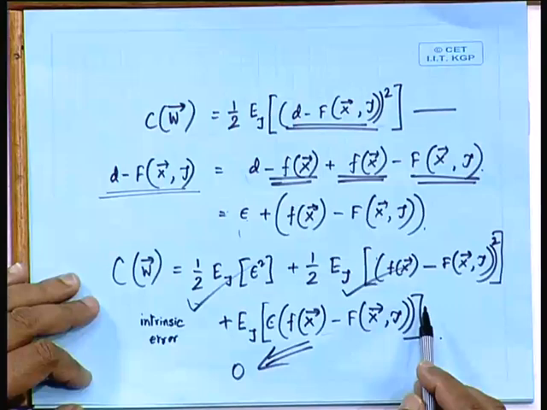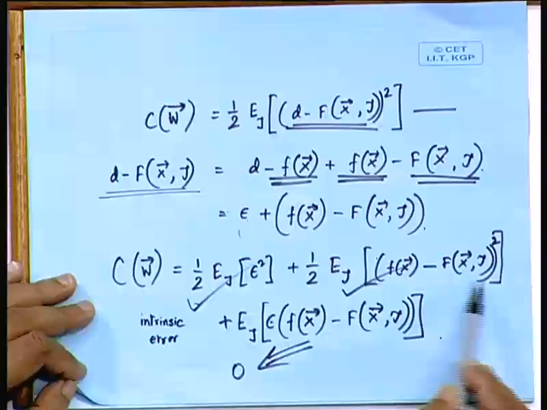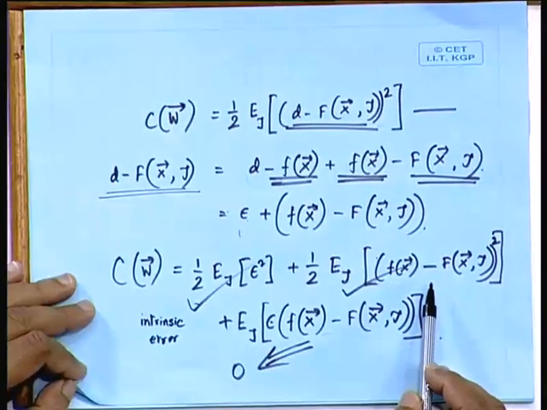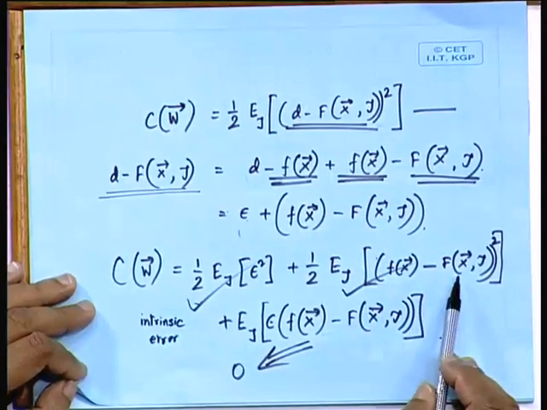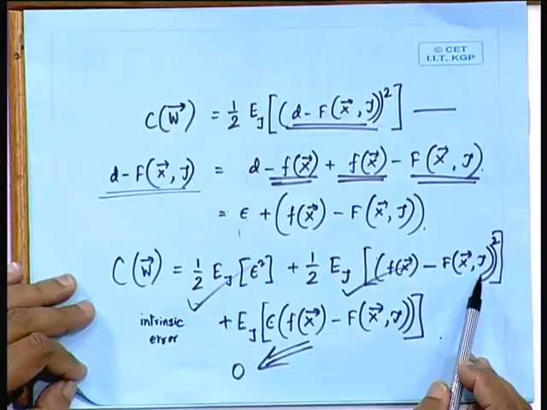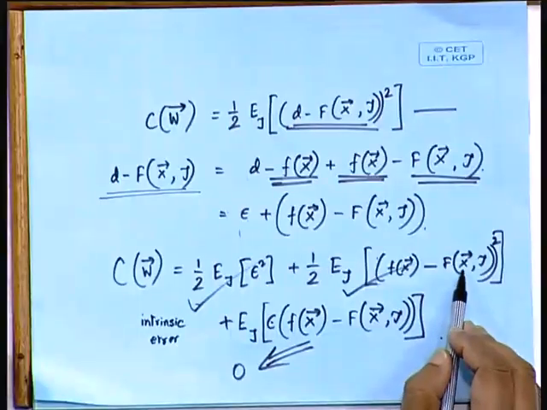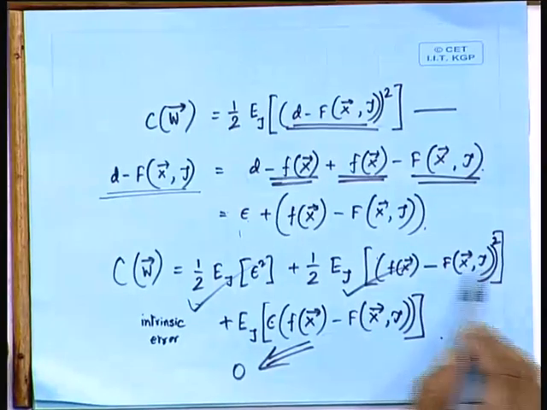So, we can call this term the natural measure of the effectiveness of f of x, tau as a predictor. What is after all the f of x, tau? F of x, tau is nothing but the predictor of the system. So, how effective this f of x, tau is as a predictor will be represented by the expectation over the training samples T of this quantity, f of x minus f of x, tau, this term squared.